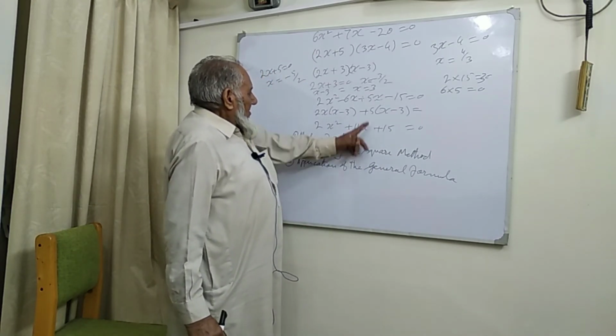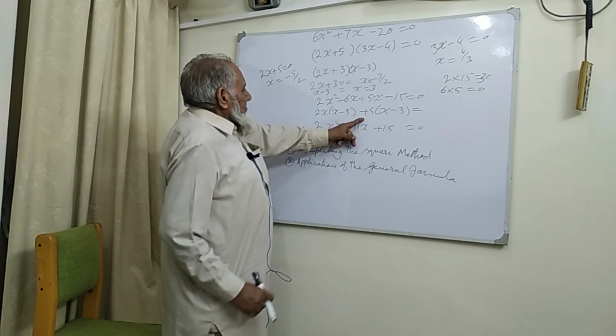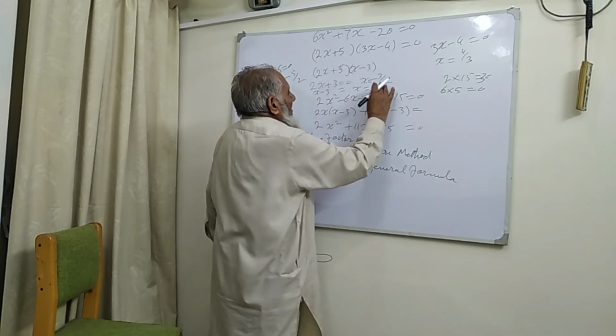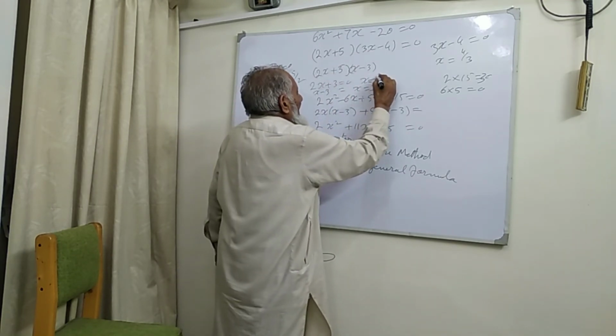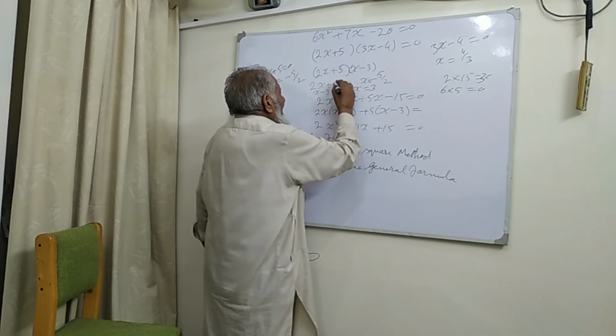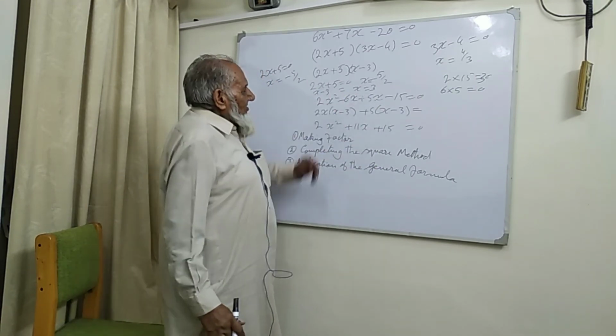Oh, sorry, it is 2x plus 5, so it is minus 5 by 2. It is a slip of the pen, not a serious mistake.